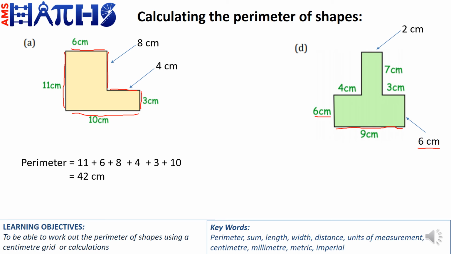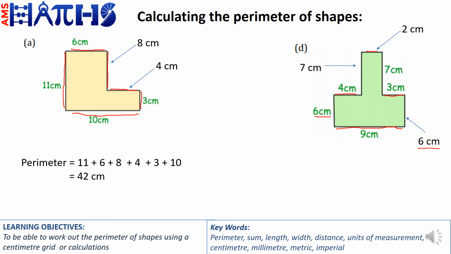Then we have opposite to that 4, and opposite as well 3. Now that 4 and 3 give you a total of 7. We need a total of 9 opposite this horizontal length at the bottom. So since those two give a total of 7, then the missing length is 2, as indicated on the arrow.